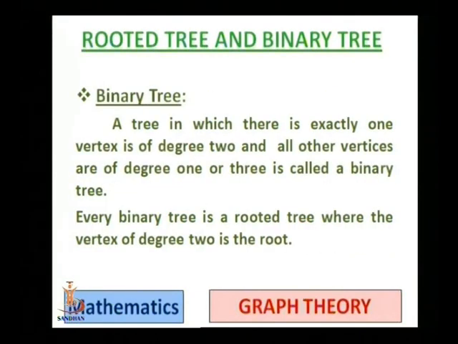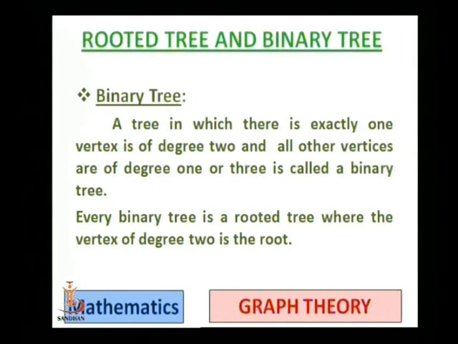Next, a binary tree is a very special case of a rooted tree. So there must be a root corresponding to this tree, and the vertices of this tree satisfy certain conditions. The conditions mentioned in the definition are that it is a rooted tree in which there exists exactly one vertex of degree 2, and all other vertices are of degree 1 or degree 3.